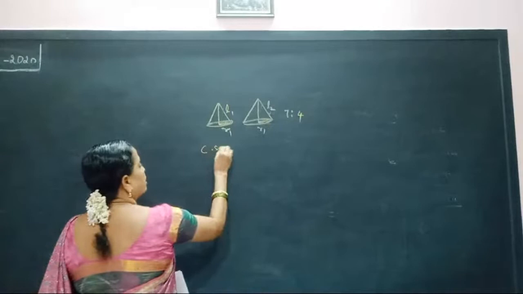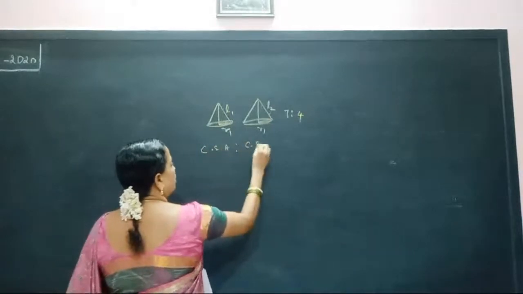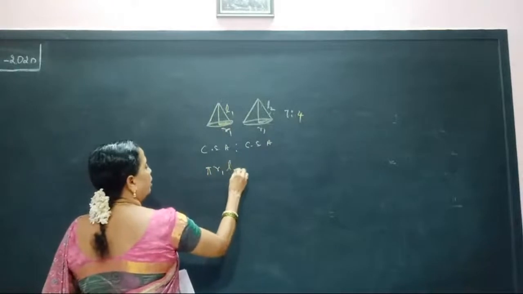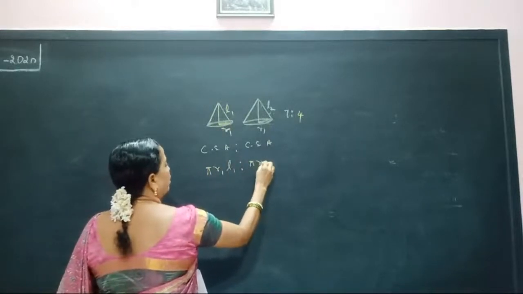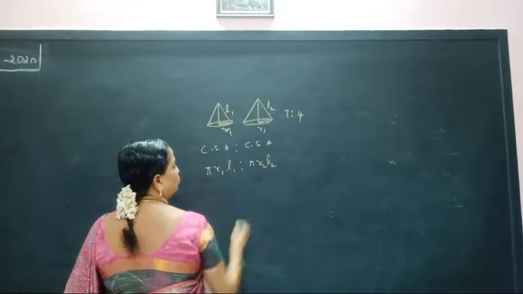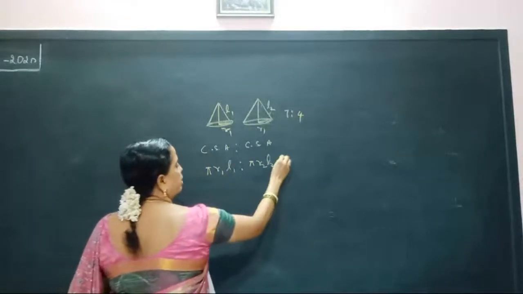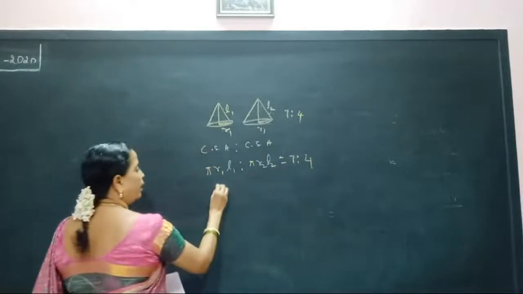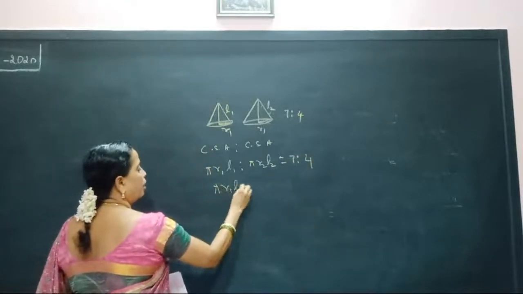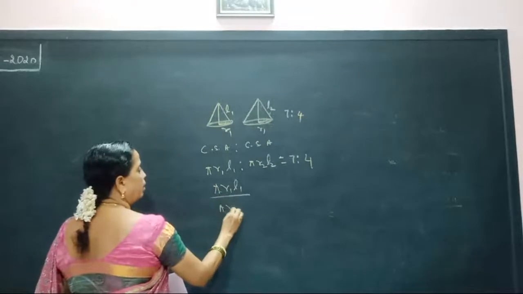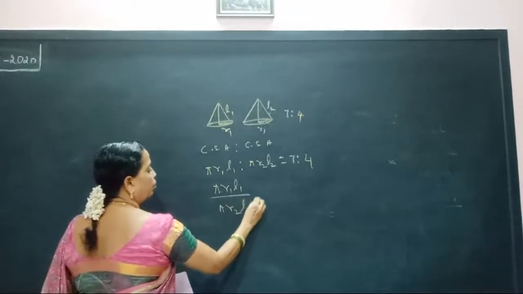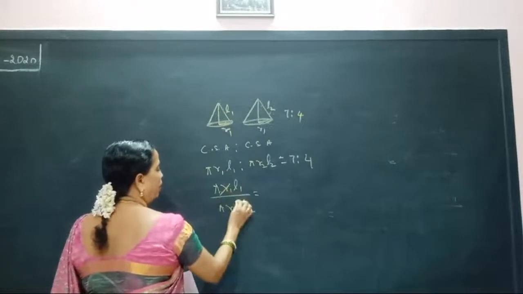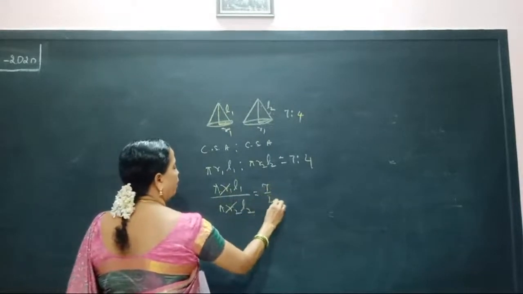See, curved surface area is to curved surface area. You consider pi r1 l1 and pi r2 l2. It's given the ratio of slant heights is 7:4. I will write pi r1 l1 by pi r2 l2 equals L1 by L2, which is 7 by 4.